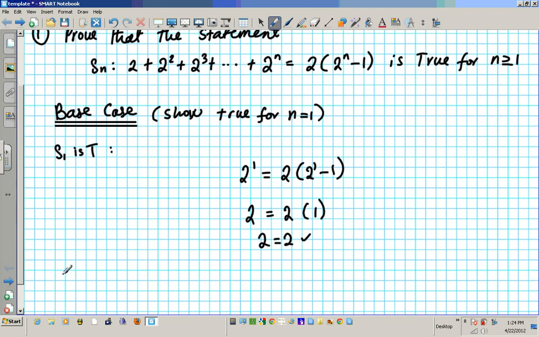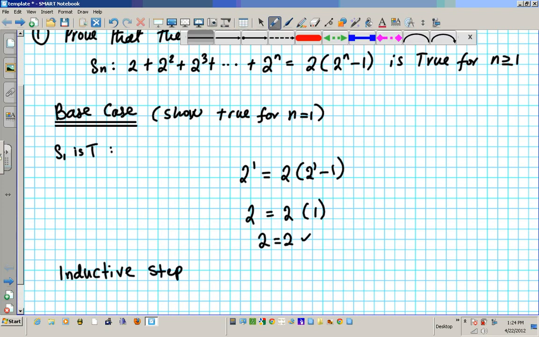Now we're going to move on to the two-part step, which is the inductive step. The inductive step is comprised of two parts.